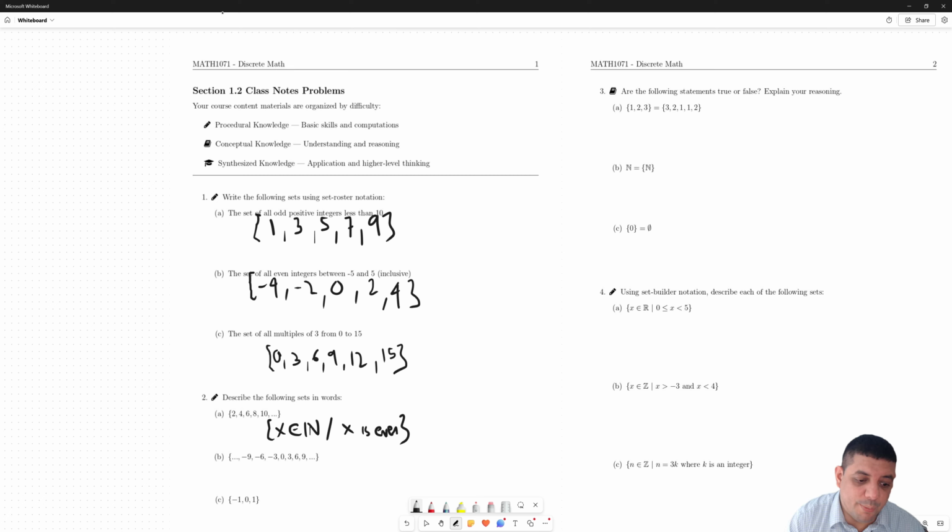On this one, we have multiples of 3. Notice 0, 3, 6, 9, but we also have negatives. So we're going to say x belongs to the integers, but x is a multiple of 3.